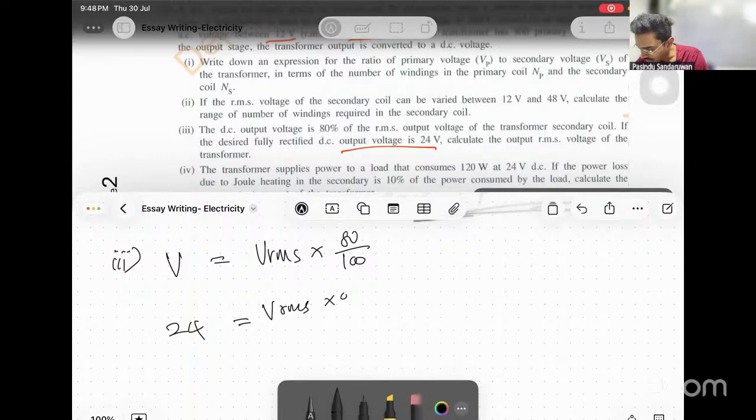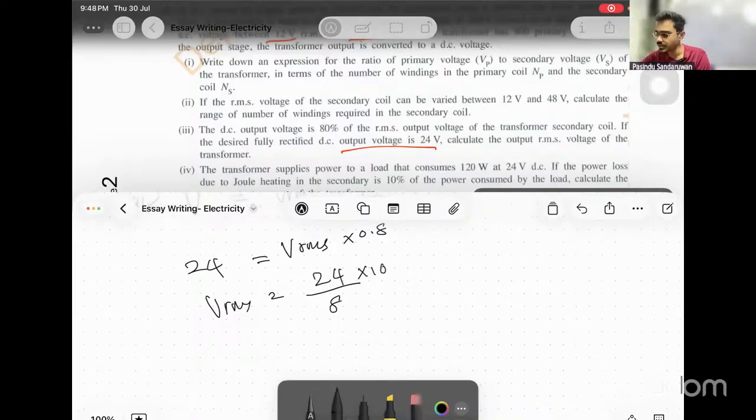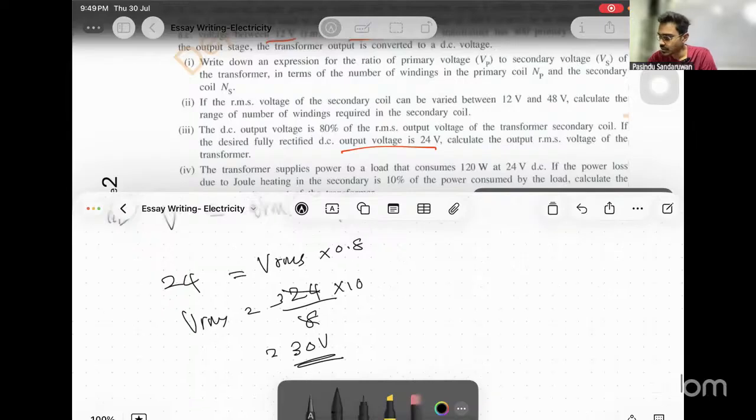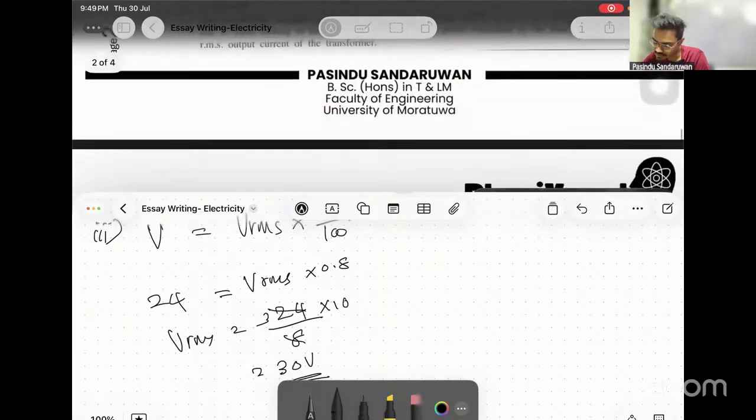This is 0.8. Then VRMS equals 24 over 0.8, which means 8 over 10. 8 times 3, then it becomes 30 volts. Now, since 80% is utilized, the RMS value needed is 30 volts. That's the last one.